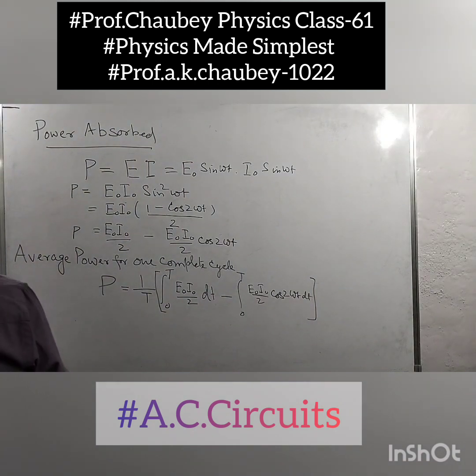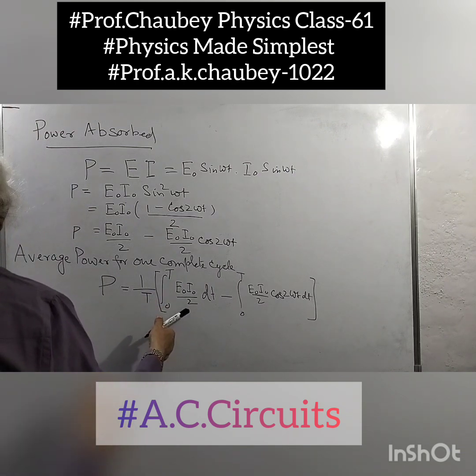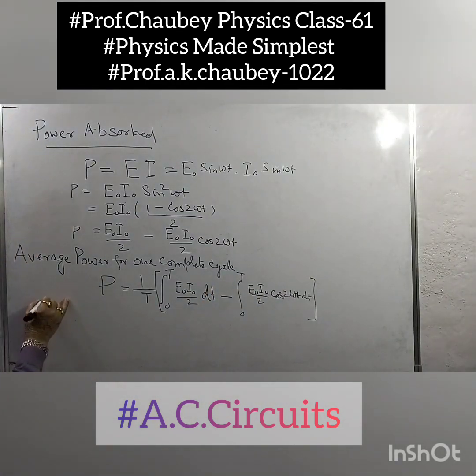So you integrate E naught I naught by 2 cos 2 omega t, integral 0 to T of cos 2 omega t dt.